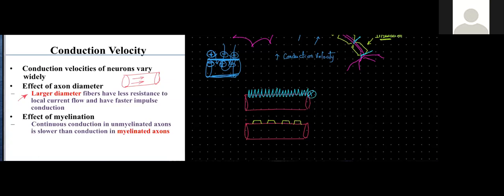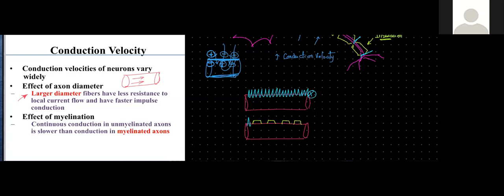How about if I'm conducting the electrical signal along a myelinated nerve fiber? I can only create the signal at the sites where I don't have myelin sheath covering.